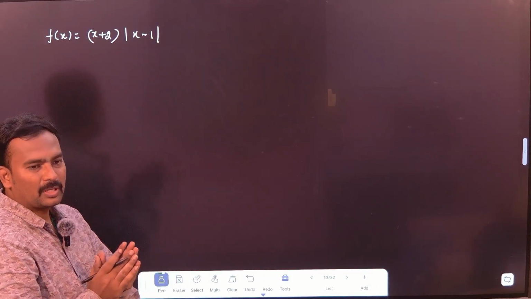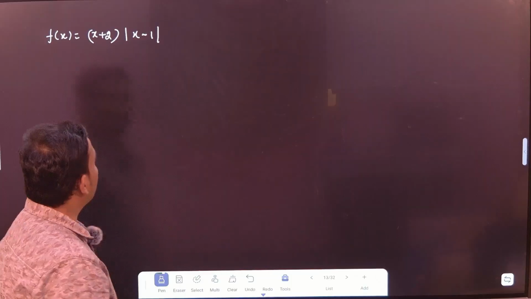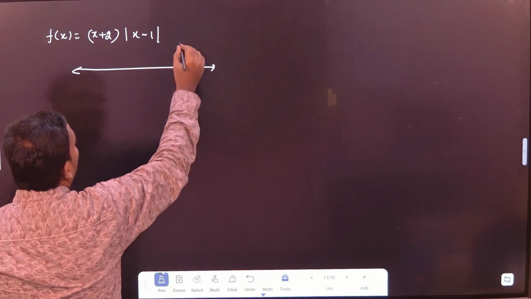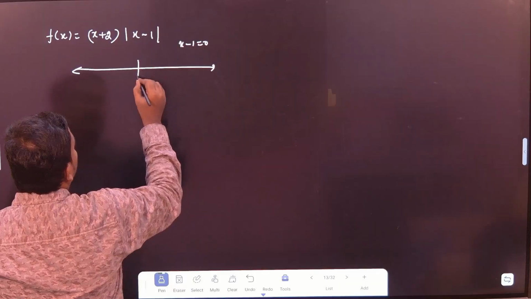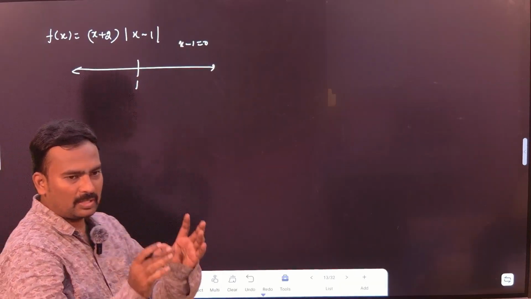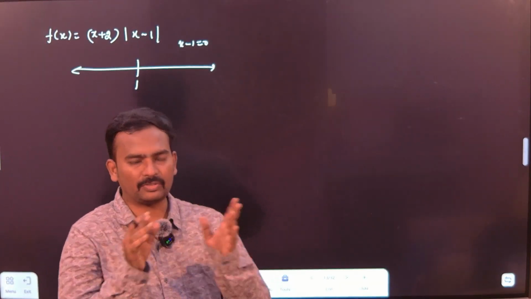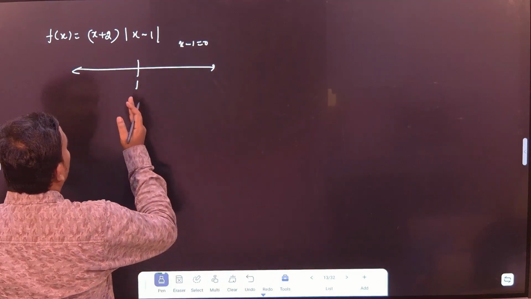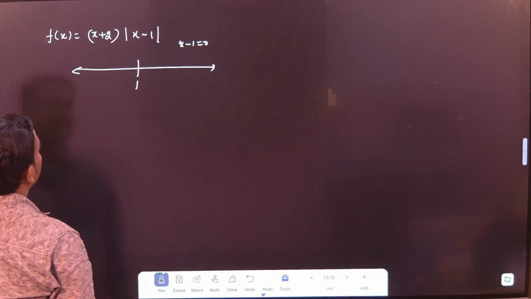Now how to do this? How to draw the graph of this? You can see, student, the breaking point is x minus 1 equal to 0. You can take x equal to 1. Whatever the modulus is there, you can equate to 0. That is the definition of the mod x, right? Okay. Now you can check the conditions here.